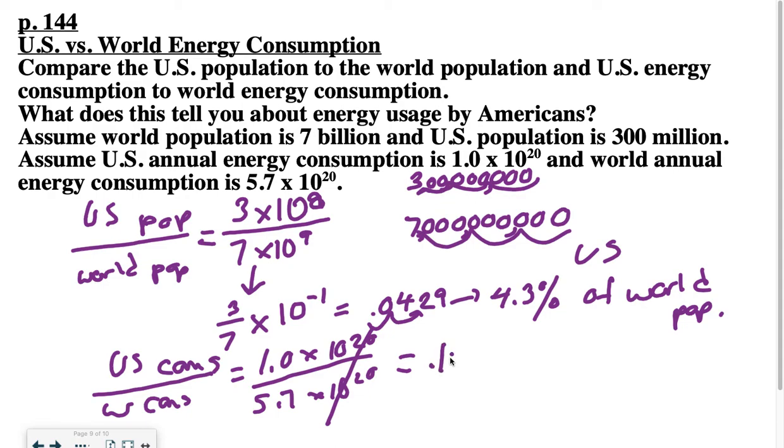So putting that in your calculator, you get 175 after the decimal. Moving that to the right, we get 17.5%. So even though the US is only 4.3% of the world population, the US uses this much of the world's energy. So that's how you can compare using scientific notation.